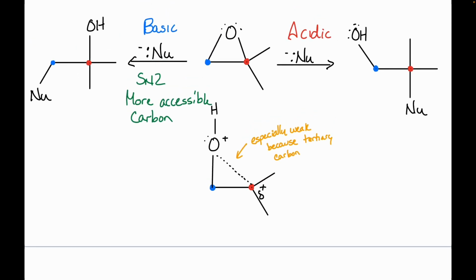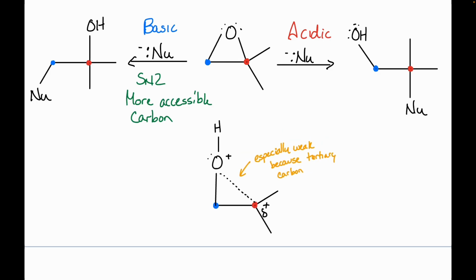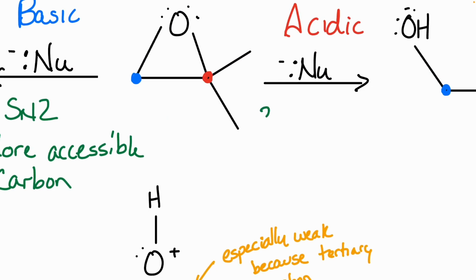All right, so under acidic conditions, and this is only true for a tertiary, a tertiary carbon is going to win. That's going to be the first thing that gets substituted. If it isn't a tertiary carbon, though, then just the sterics rule, the accessibility rule, follows.